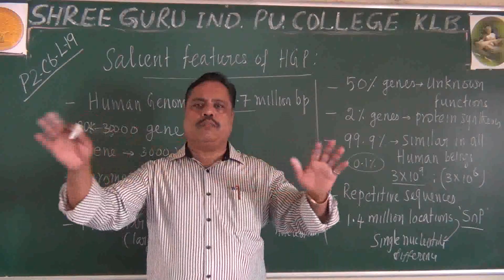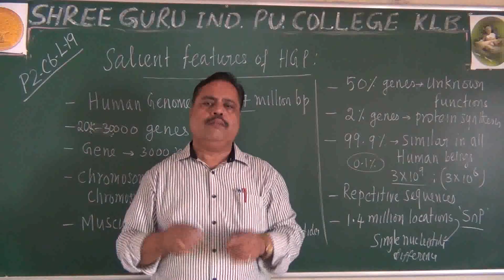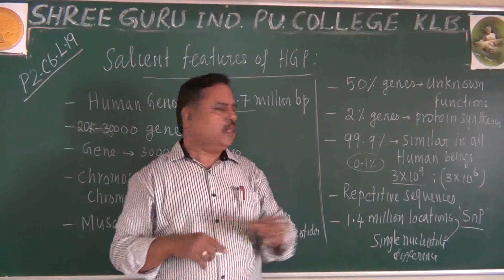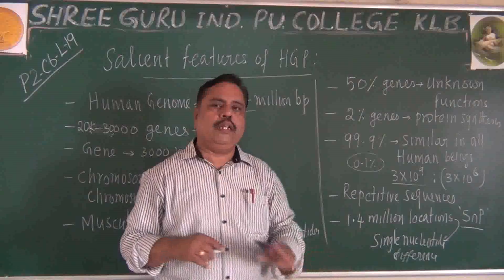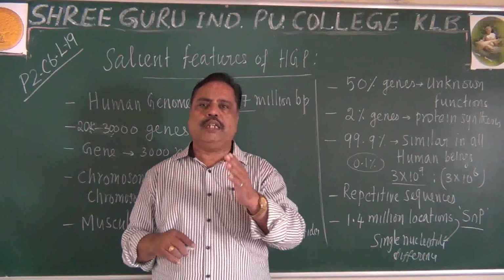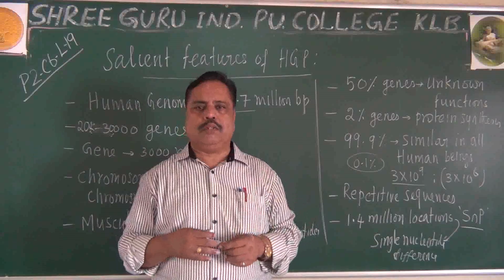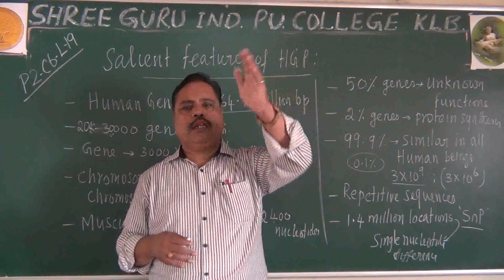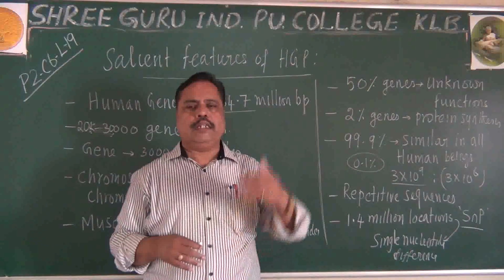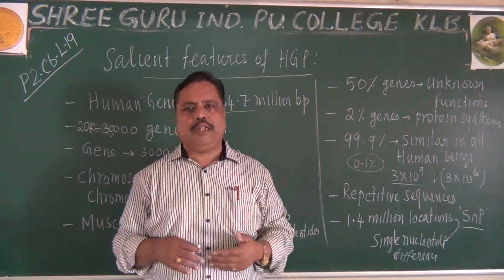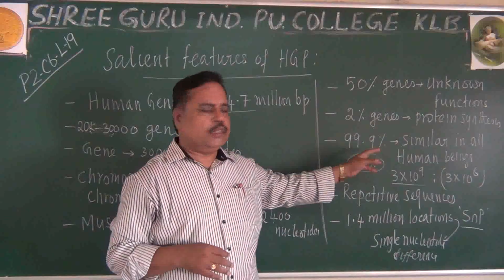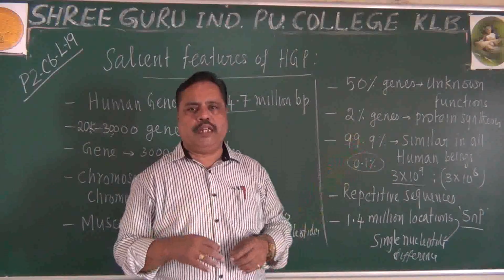Even so, we are all kept in the same species because of this 99.9% genetic similarity. We are able to interbreed among ourselves. An American can marry a Chinese also. That becomes the species' interbreeding capability.